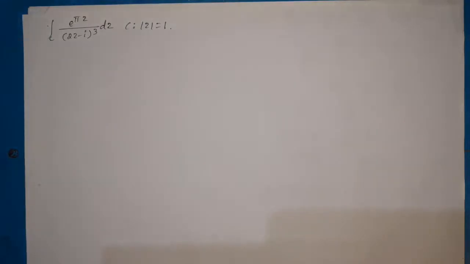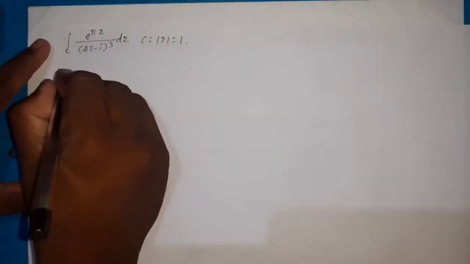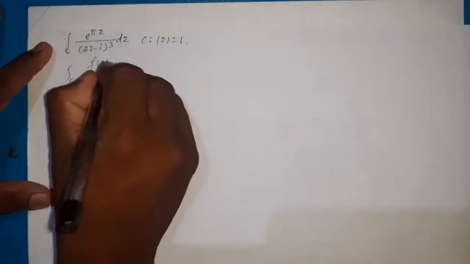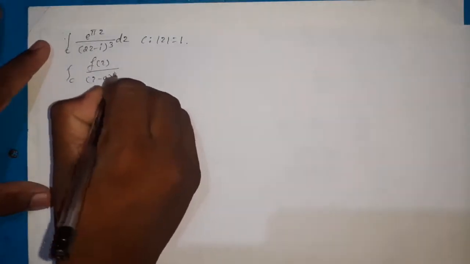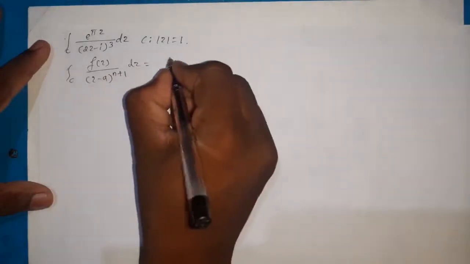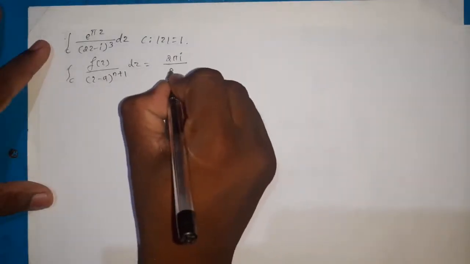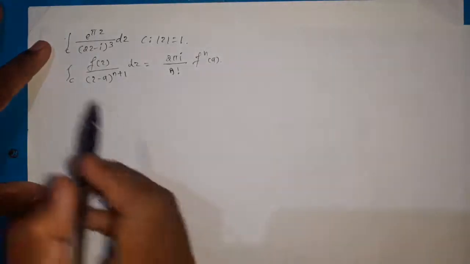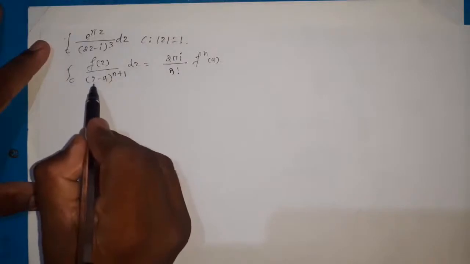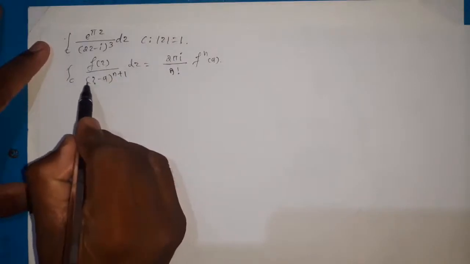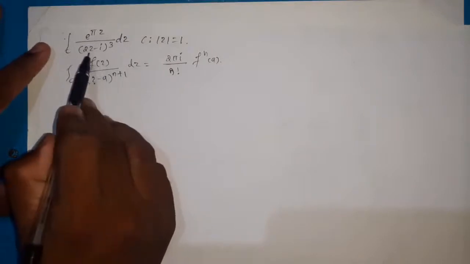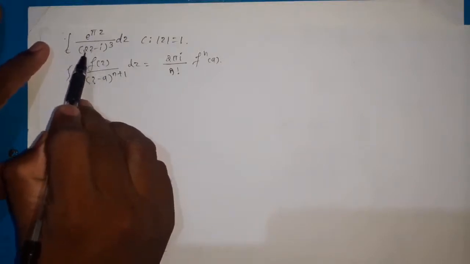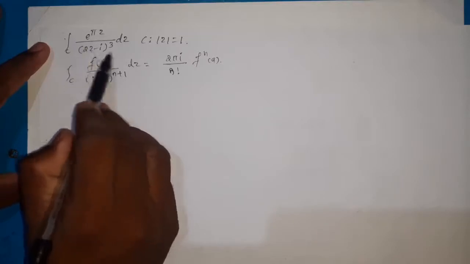So here the given integral is not in the standard form, because our integral must be of the form integration over C of f of z divided by (z minus a) whole power n plus 1 dz, which is equal to 2 pi i divided by n factorial times f power n of a. In this integral the coefficient of z is 1, but in the given integral the coefficient of z is 2. So therefore it is not in the standard form.